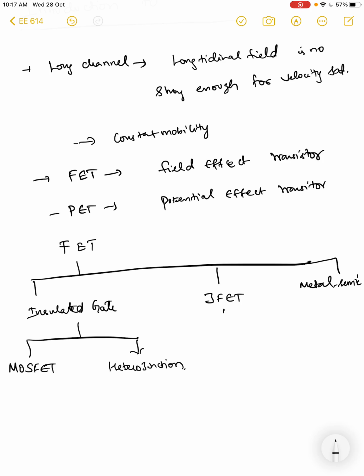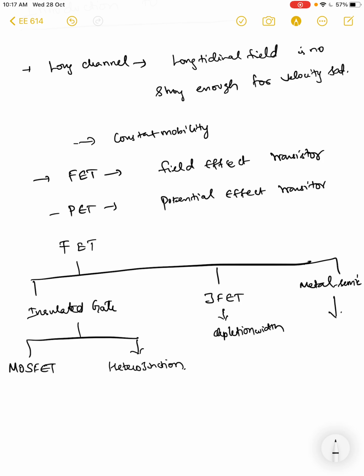So basically here the gate, or the controlling terminal, is insulated from the channel in all these methods, but in the insulated gate it is insulated by an oxide. In the junction field effect transistor, it is insulated by a depletion width.